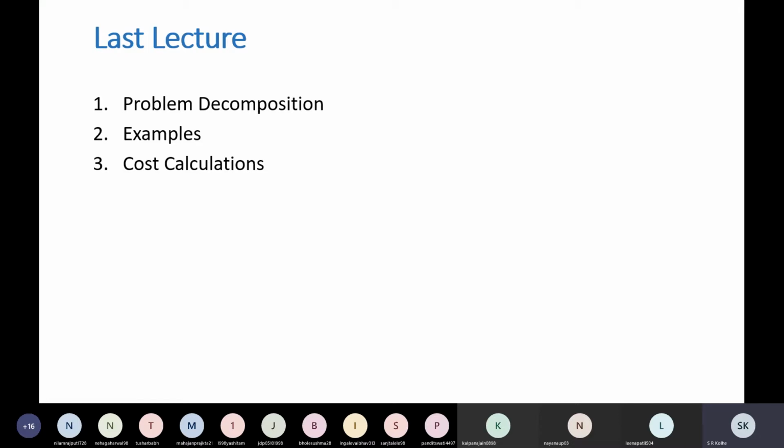Then we have seen examples of the problems which are decomposable in nature, like matrix multiplication, you can perform in parts. As a whole, if we have n number of matrices, then multiplying them together is a complex task.